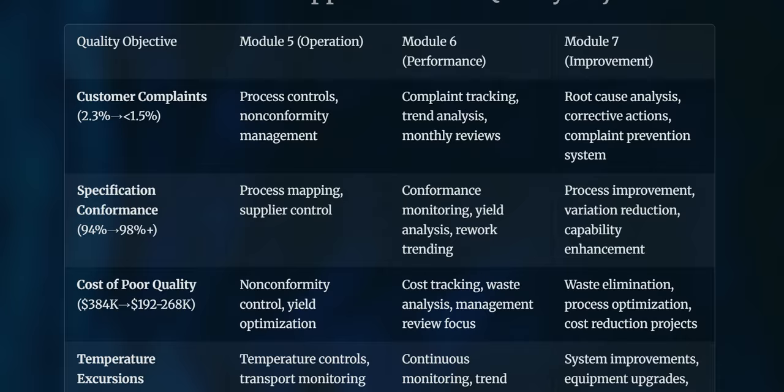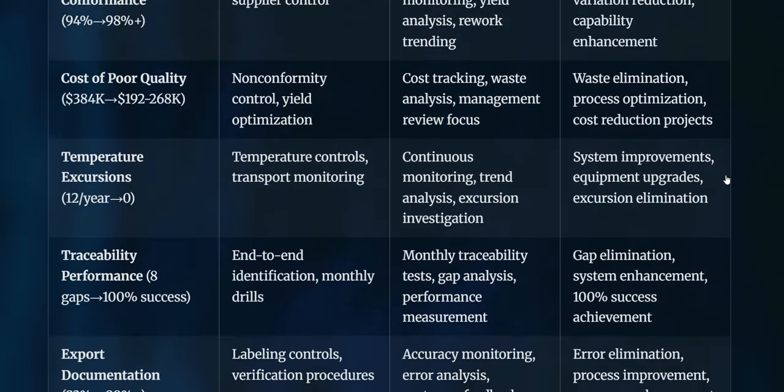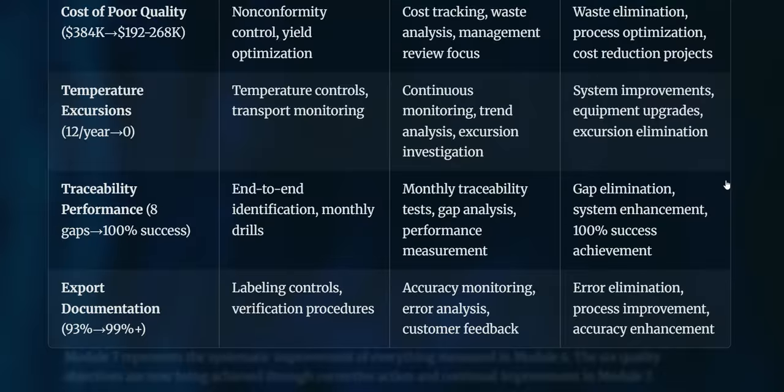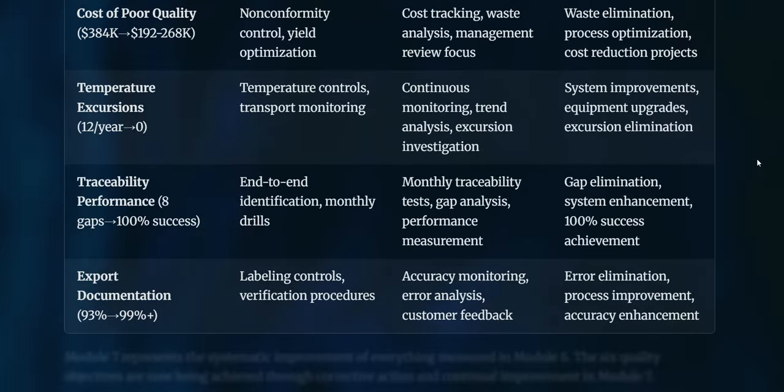Our fourth objective is temperature excursion elimination. From 12 incidents last year, our target is to reduce it to zero. From Module 5 operations, we have temperature controls and transport monitoring.